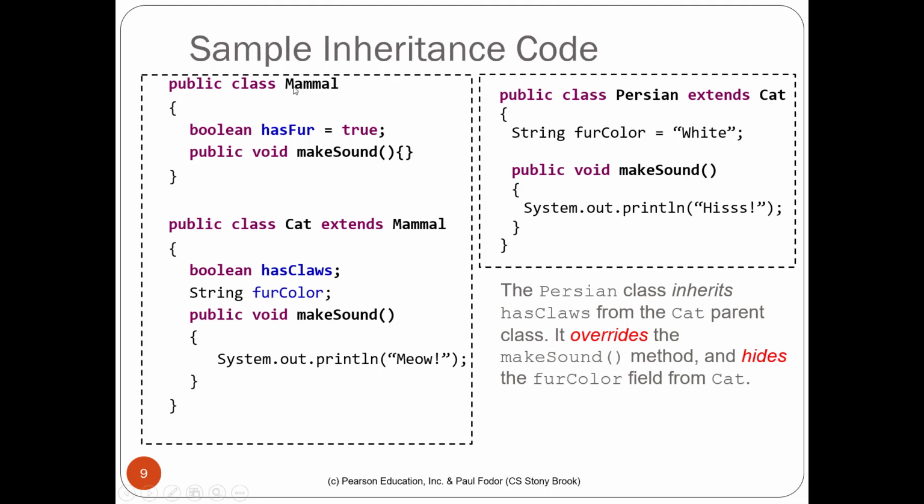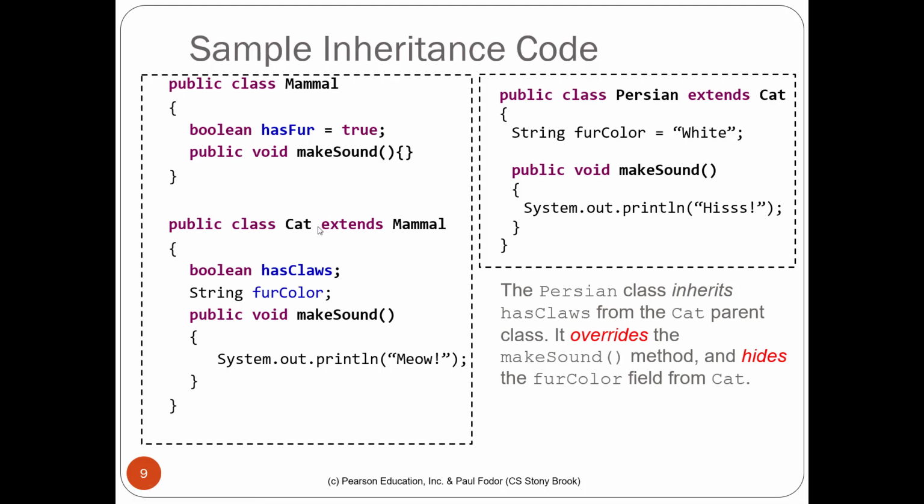Then using this mammal class, you created a subclass called cat, and you'll be using the keyword extends mammal, and it has claws is a new data member which you're adding, and you should see that we did not have has claws in the parent class. So this data field is making cat a more specialized mammal.